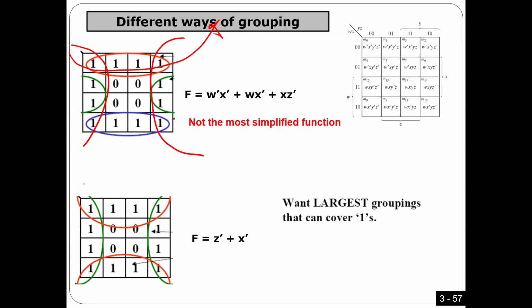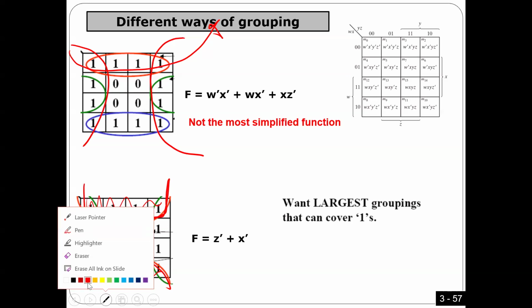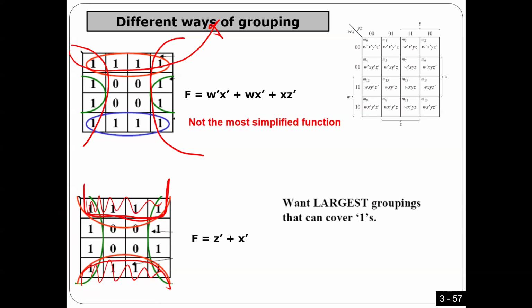So let me use some colors here. So this one here with this one, to make one group of 8. And then also here, I can take this 4 here and this 4 here to make a second group of 8. In this case, I can make the function this way.